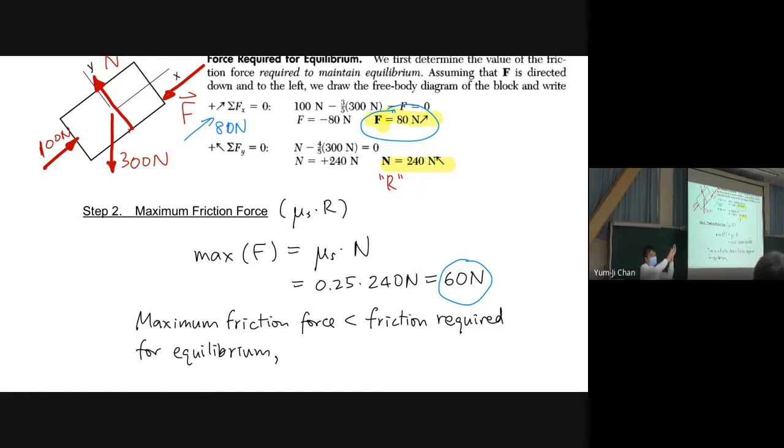We only have 60 Newton of upward force, but we need 80 to hold it in place. So we need 80 newtons to hold it in place, but we can only give 60 newtons. So the block will slide downwards.